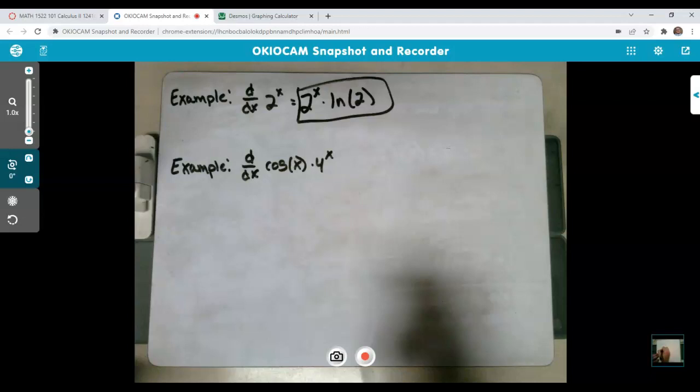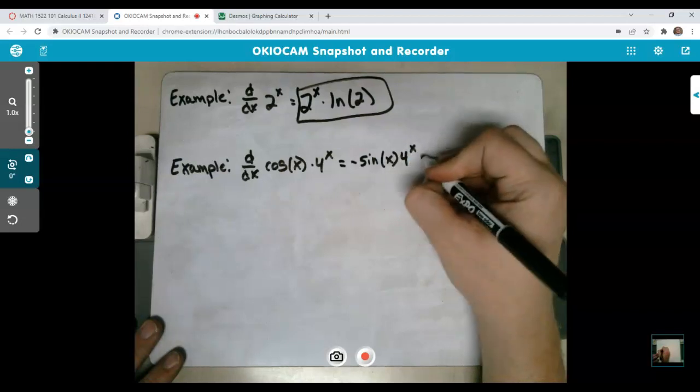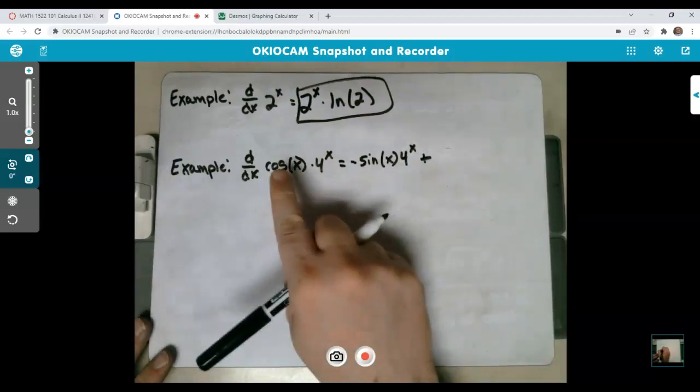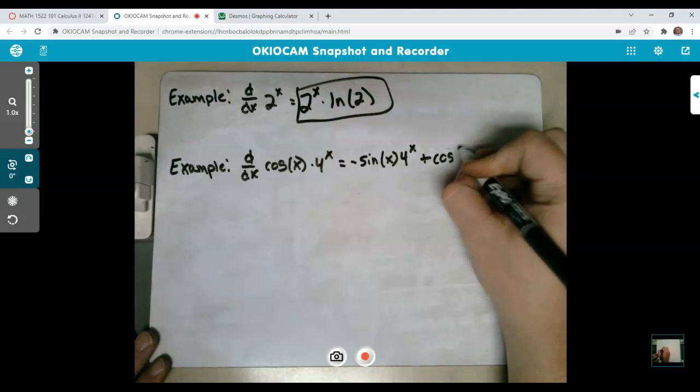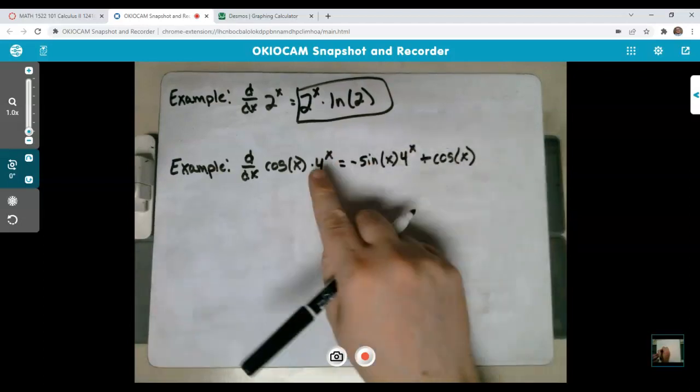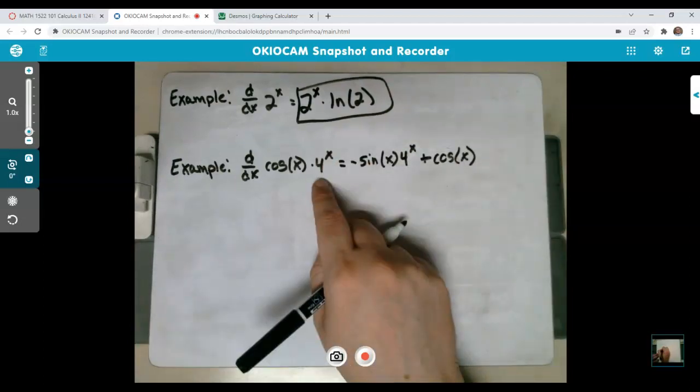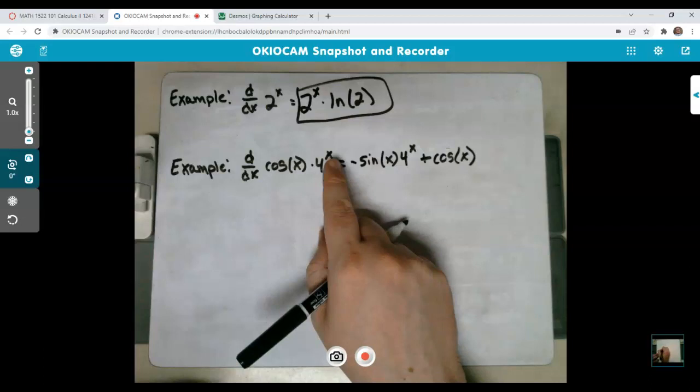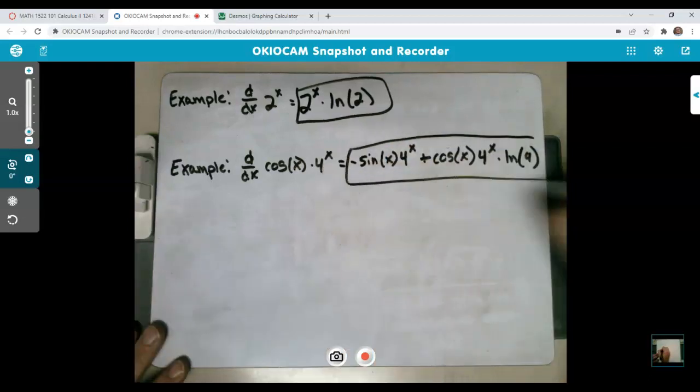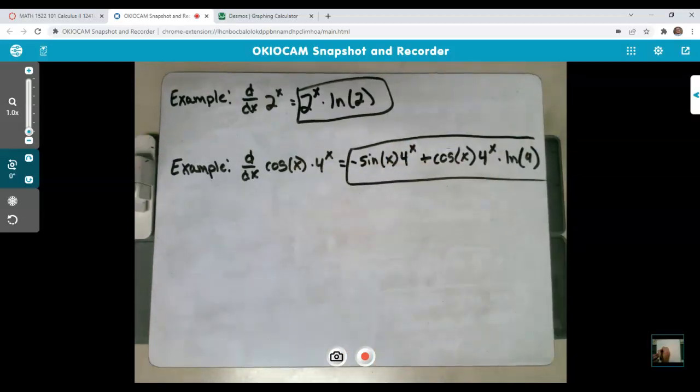Leave that part, so leave 4 to the x. Plus, leave the first part, so cosine of x is going to stay, times the derivative of this part. So we have a base to the x, so we leave it as 4 to the x, but we need to multiply it by the natural log of that base. So here we go. Again, we got this part using our new rule here.